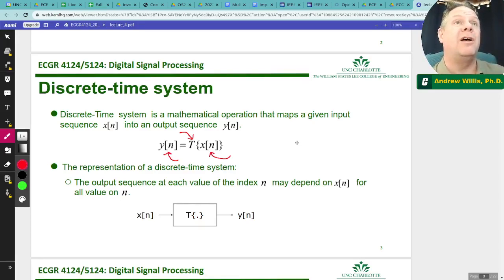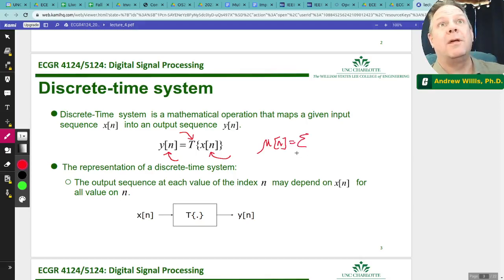Like what we saw in the relationship where u of n is the sum from k equals minus infinity to n of delta of k. There's a lot going on here, but you might say that this is a system with the input x of n equal to delta of n.